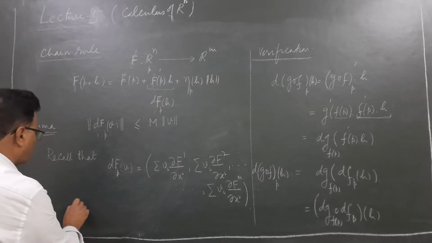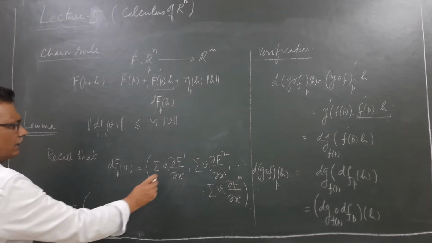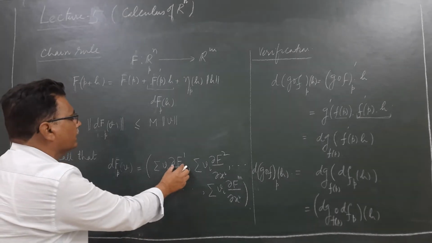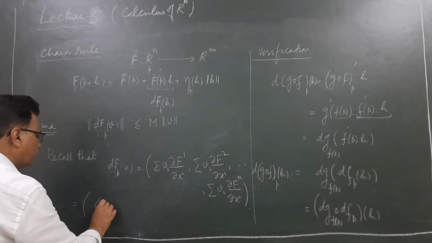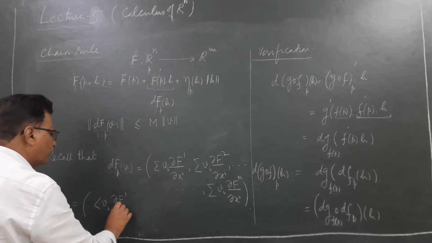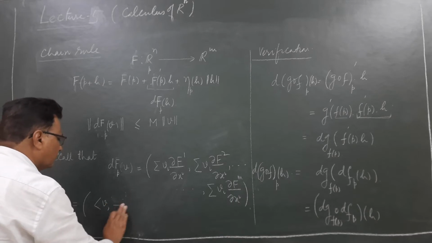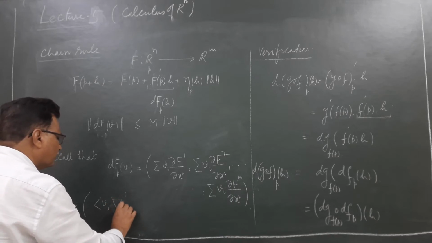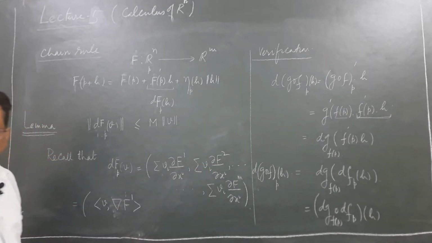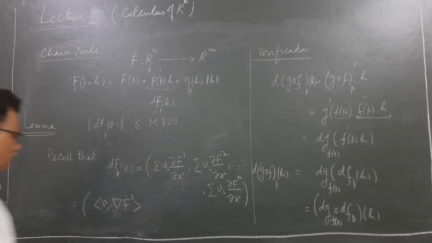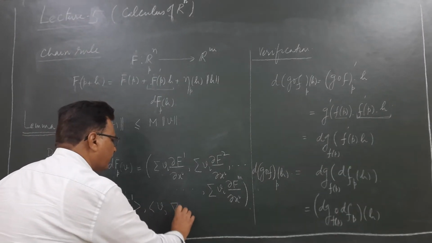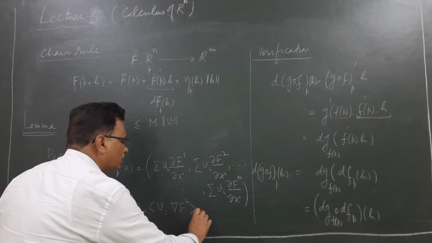All right, so this is the thing. You can further also write it down like this. This is nothing but the inner product of vector v and gradient of f. So we have also written it like this: the inner product of v and gradient of f1, where v1, v2, v3 are the components of v, and the second one is v with gradient of f2, and so on.